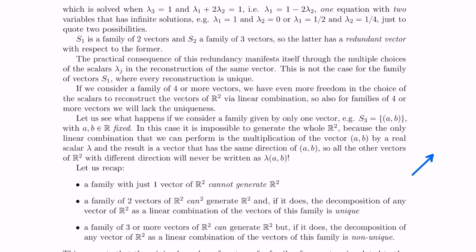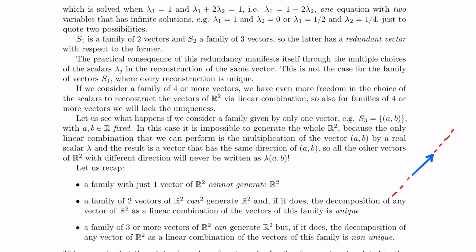To answer this question, keep in mind that when you have just one vector in a family, the only linear combination that you can perform is to multiply this vector by a scalar. And since we are considering scalars in R, the only thing that we can do using a vector is to shrink it or to dilate it.